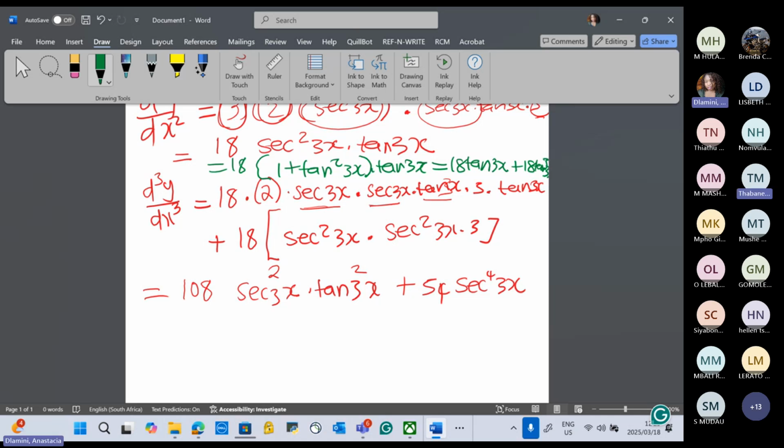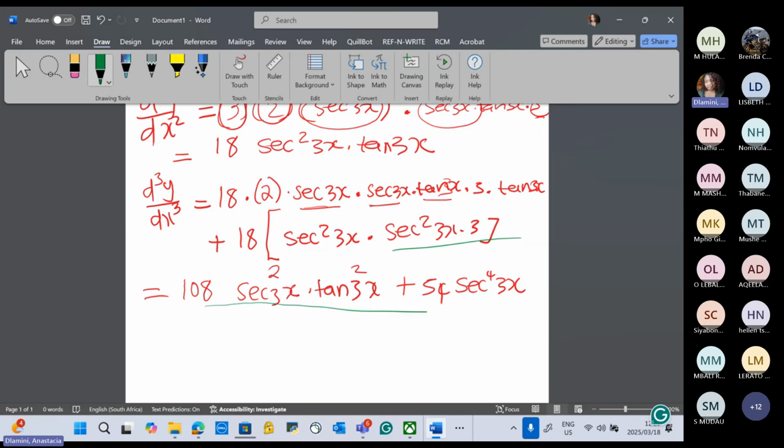It felt right. Okay, let's do it then. Let's not look at the one in the textbook. Now let's simplify this so that it looks like the one in the study guide.